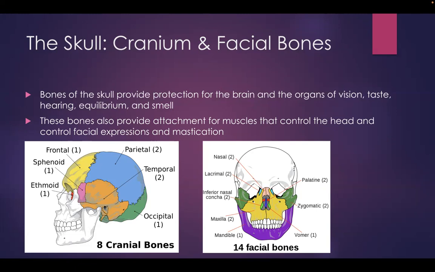And then we have two parietal bones on each side. So upper sides, two temporal bones, an occipital bone in the back, and then the sphenoid bone, which is going to help form the floor, and the ethmoid bone.